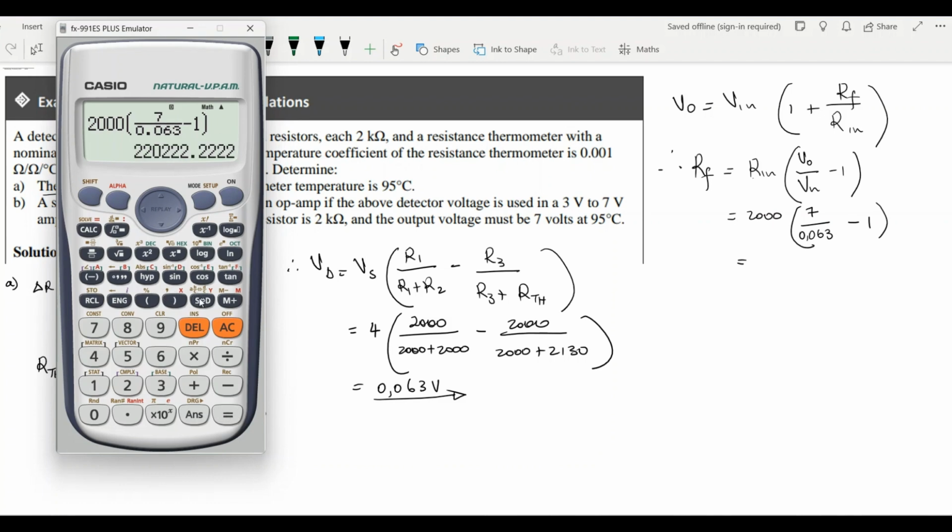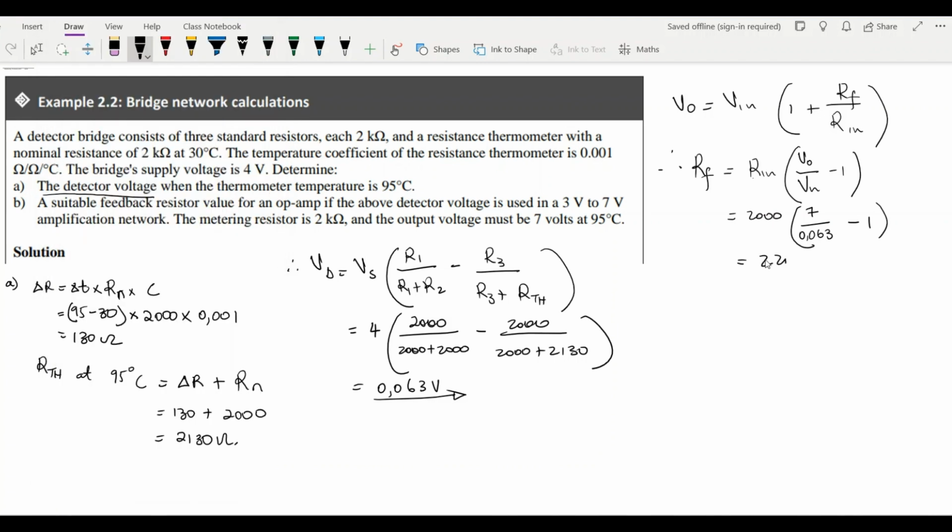Just like that. Let us write it in kilo ohms. So that will be 220.222 kilo ohms. That is how you attempt this question number B.